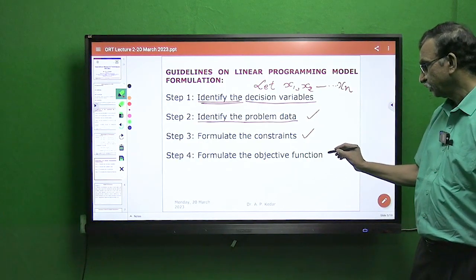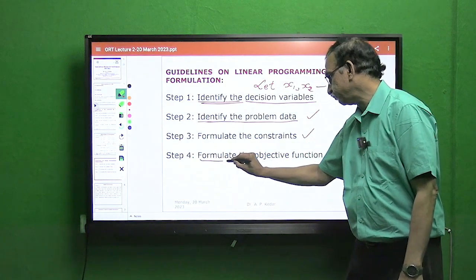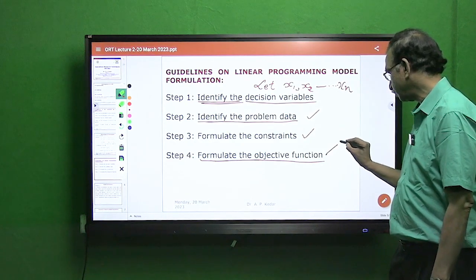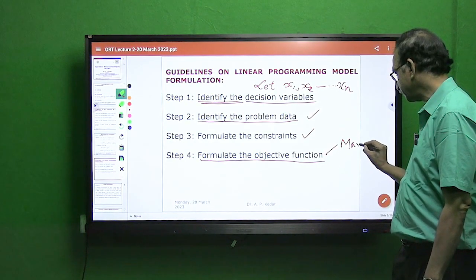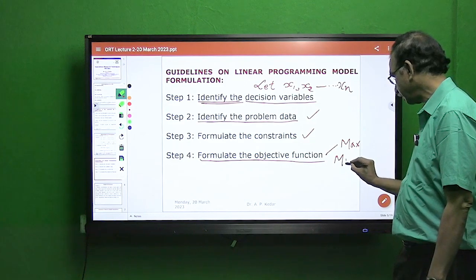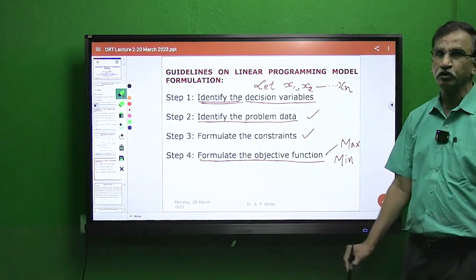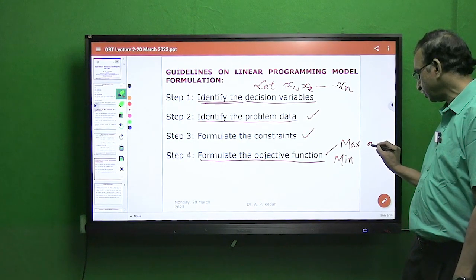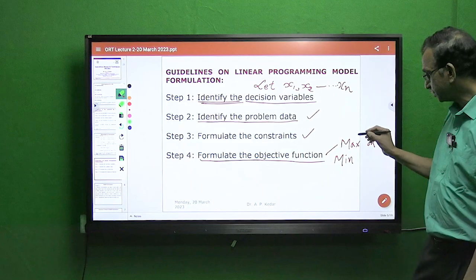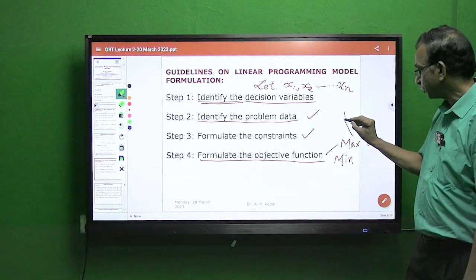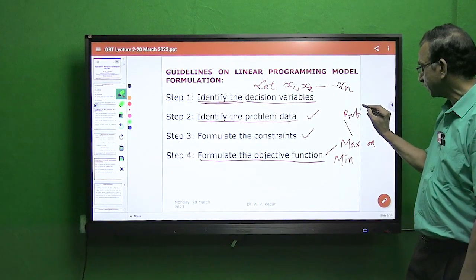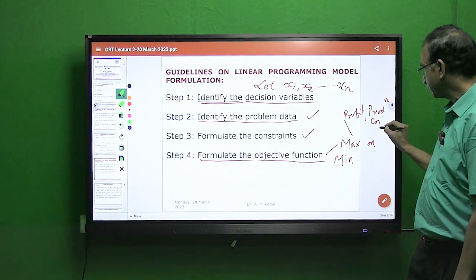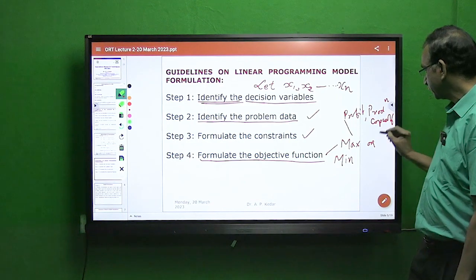And last is to formulate the objective function. Again, this objective function means you have to either maximize or minimize. When we talk of formulation of the objective function, there are only two aspects, either maximize or minimize. And we have seen in the first lecture that it may be profit to be maximized, or production capacity to be maximized.